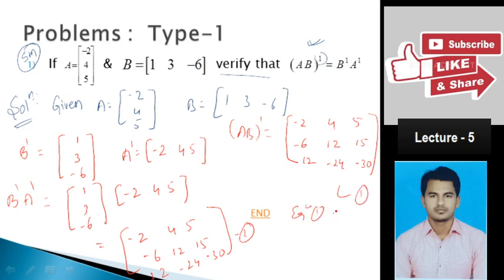Equations 1 and 2 give (AB) dash is equal to B dash into A dash. This is the property. If you write this condition, we will provide full marks. If you have written it only as equations 1 and 2, we will deduct a mark. Next example.